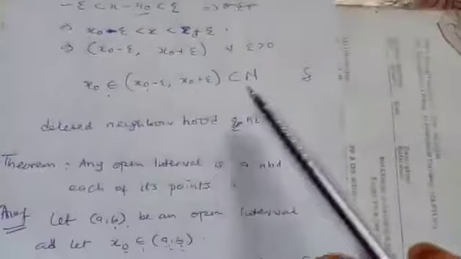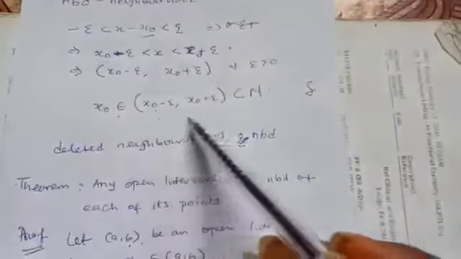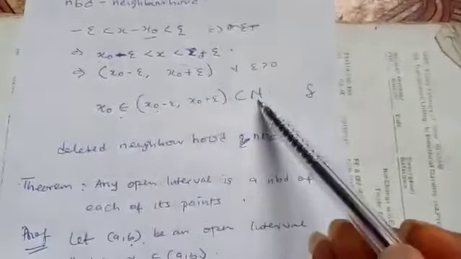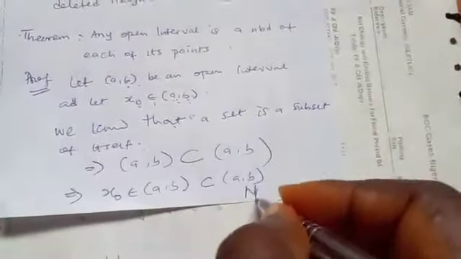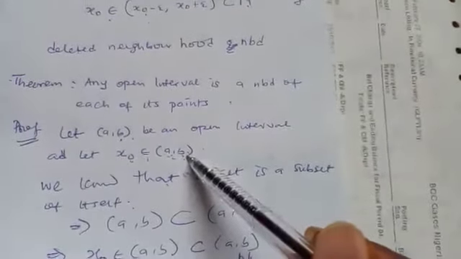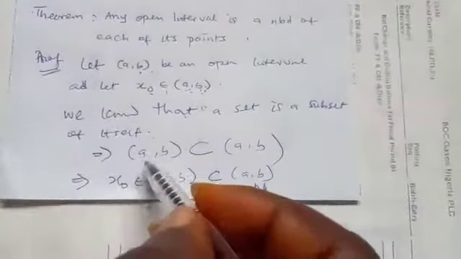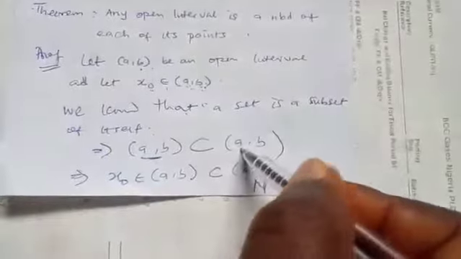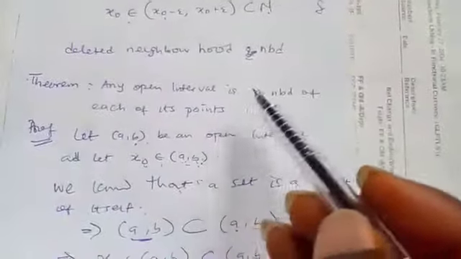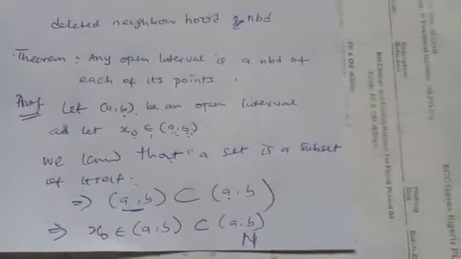This is what we show from the definition of neighborhood. We said S0, when it belongs to the interval, must be a subset of this N, and the N here is our open interval. The theorem says that this open interval is a neighborhood, that is, it is this N already. And we have seen that this set is a subset of itself. So we have shown that any open interval is a neighborhood of each of its points.